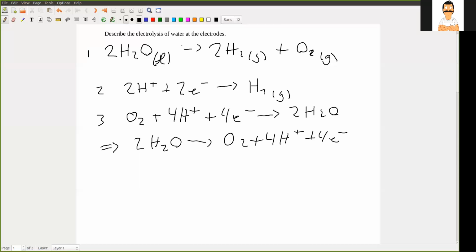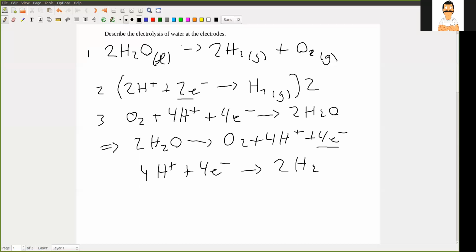Then we can compare this new equation with equation 2 and note that there are 4 electrons here, but only 2 here. So we need to multiply equation 2 by 2. So now we end up with 4H+ plus 4 electrons yields 2H2.